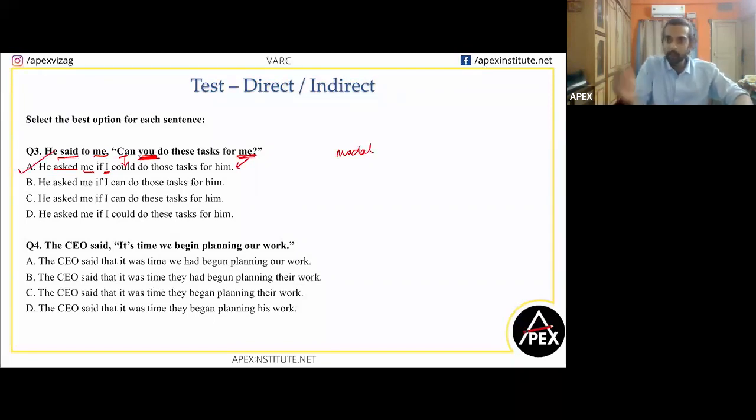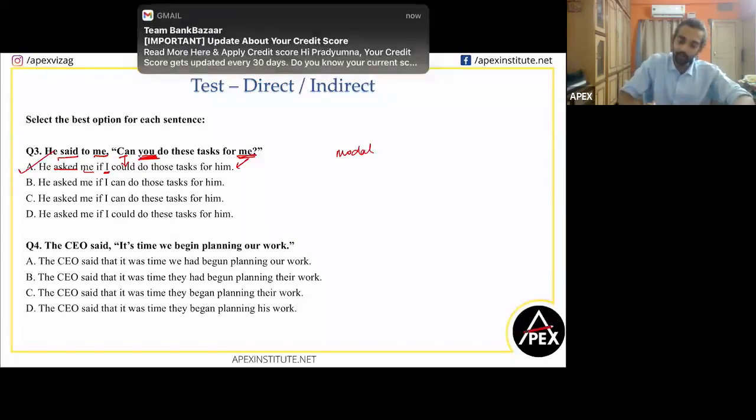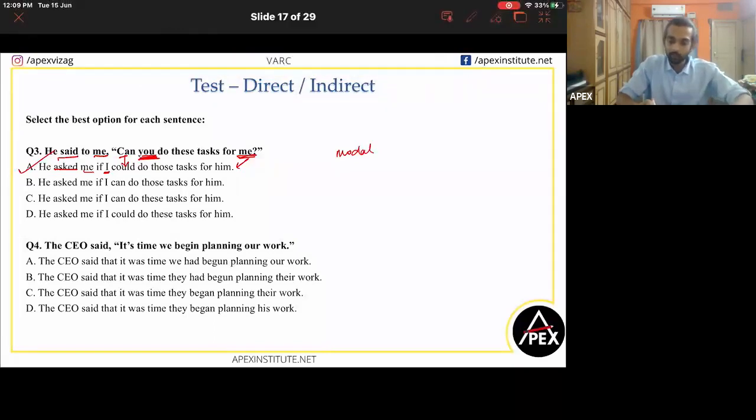And so the confusion for the second question is between B and C. A lot of you said C, and I think one person, Mohan, said B. Mohan, because you're the only one who said B, let me first check out B. The CEO said it's time we begin planning our work. And what is B? The CEO said it was time they had begun.